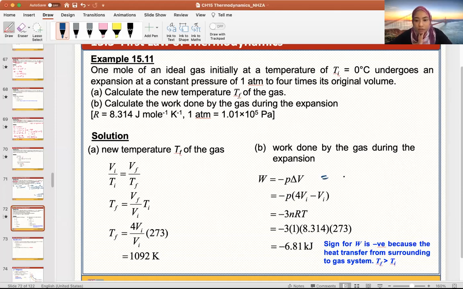There's another way to do this, which is minus nR delta T. In this case, you have the T final and the T initial. But in this case, this is the VI, the V initial. Okay. Here they use the V initial, which means that whatever goes into the equation should be T initial as well. Patutnya dia label lah T initial.